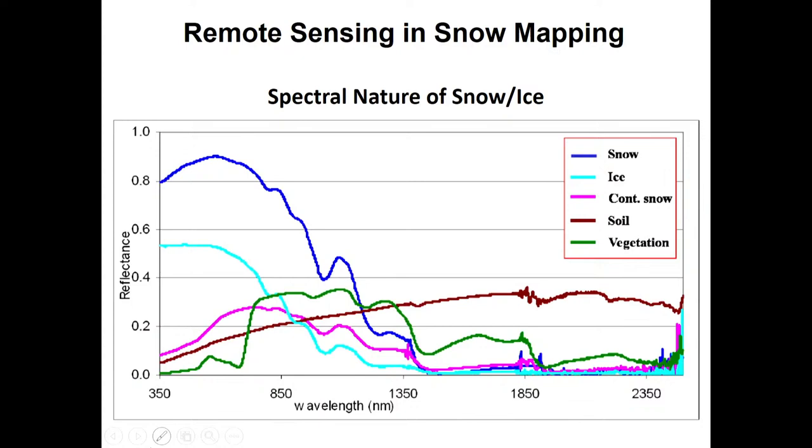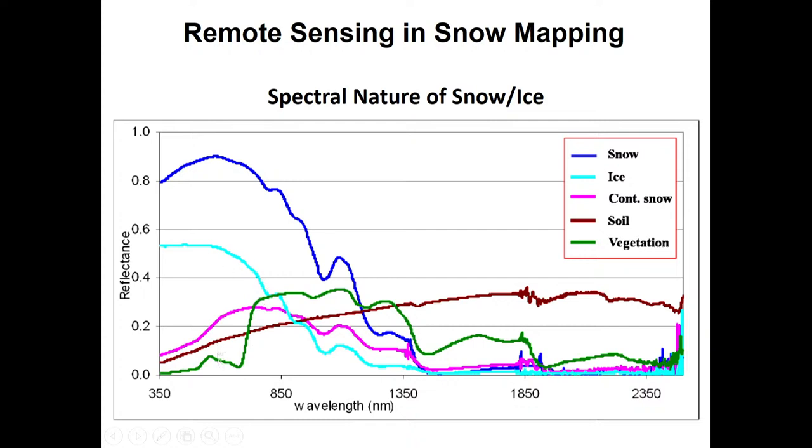If you have some knowledge of remote sensing, you know that the features present on the surface of the earth can be discriminated based on their spectral signature. This is the spectral response of the snow, and you can see here in the visible region it reflects highest compared to the other features present on the surface of the earth.